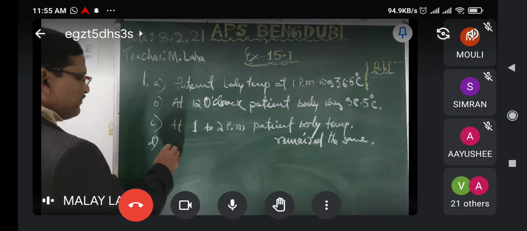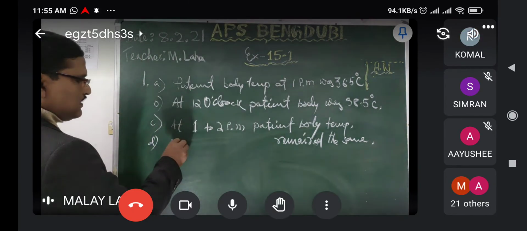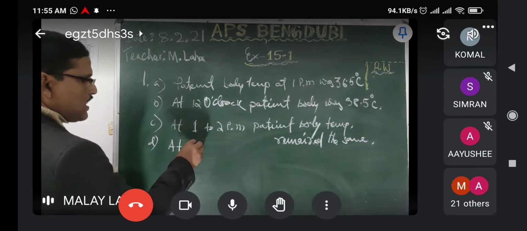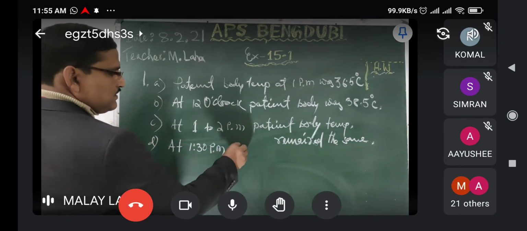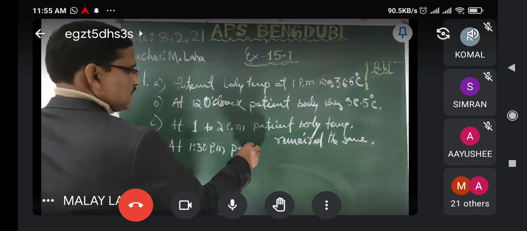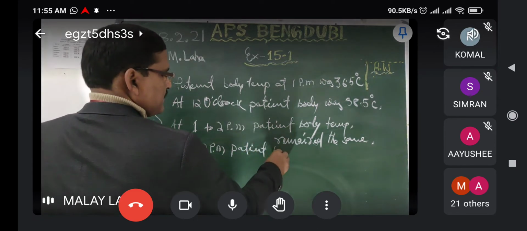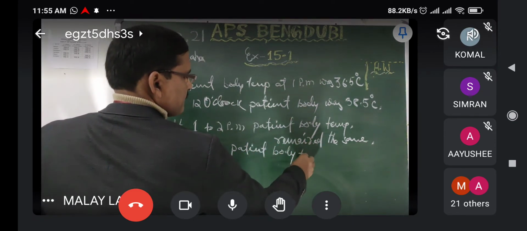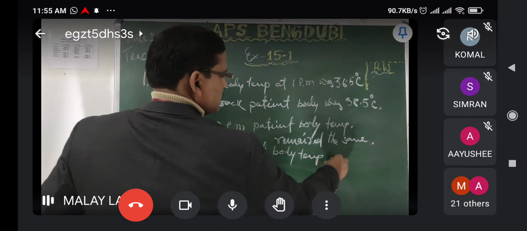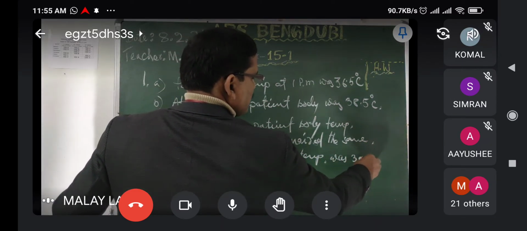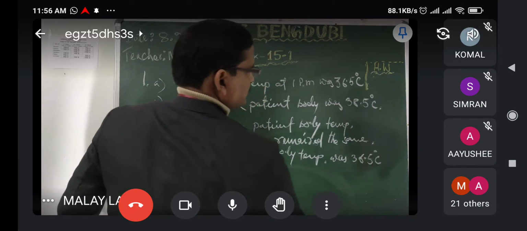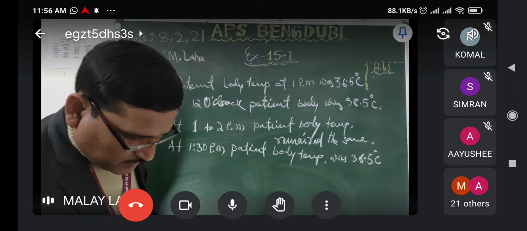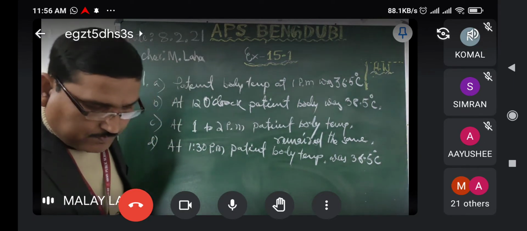At 1:30 p.m., the patient's body temperature was 36.5 degrees C.